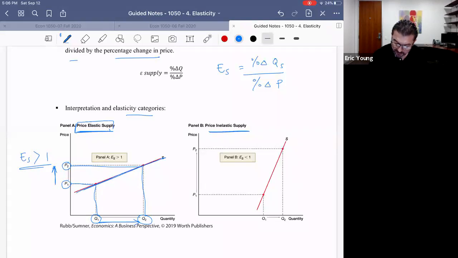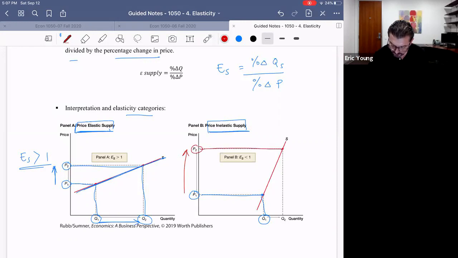On the other hand, we're going to have over here price inelastic supply. And you can see that similar to demand, the more inelastic the supply curve is, the steeper it's going to be. And if we analyze this, let's say that we start off here with P1. So we take our dotted line over, we hit our supply curve, we bring it down, and we see that P1 is associated with Q1. Nothing new there. But now we have a big price increase. This really substantial increase in price from P1 to P2.